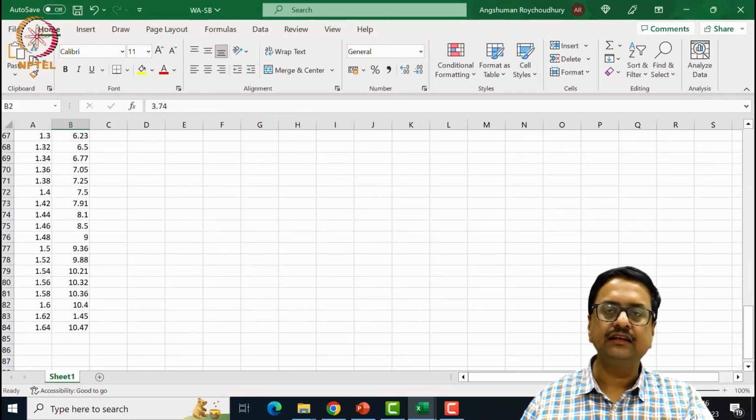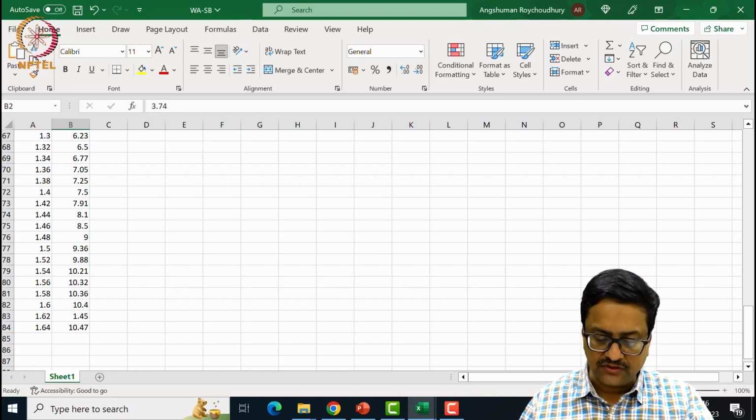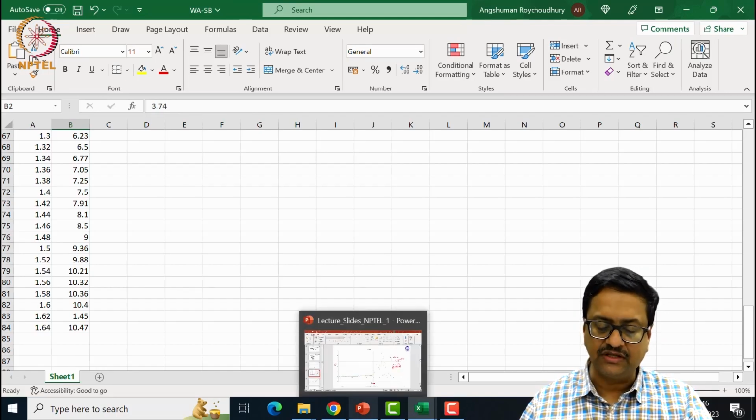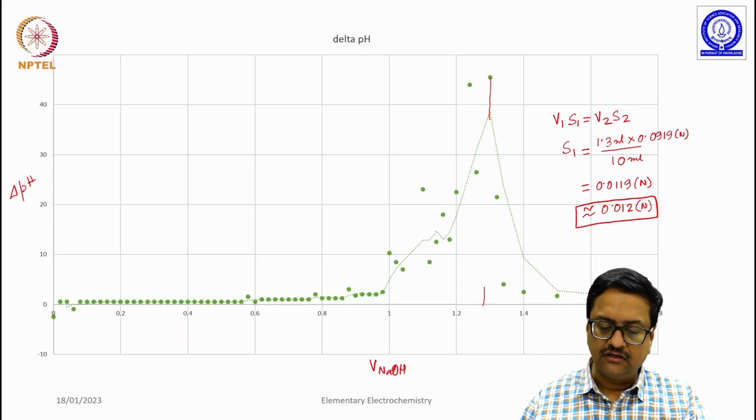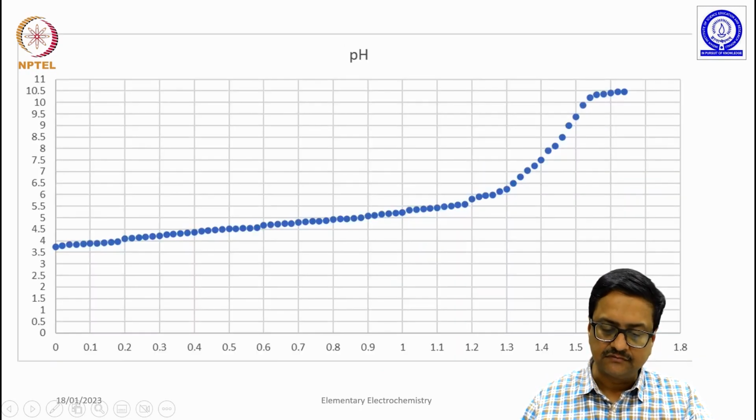For this, again, I have done a similar calculation to the one I described for the strong acid strong base case, and when I plotted those data, I get this kind of curve.